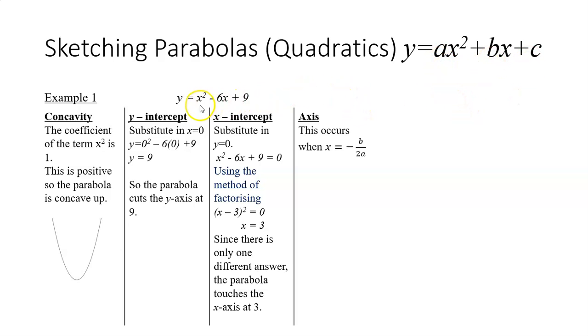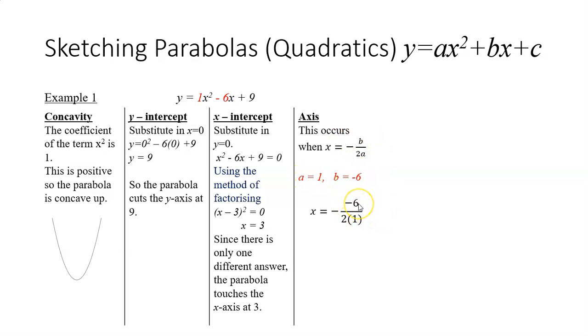So let's look over here. My a value, we said, was there's no number there. It's actually a 1. And my b value is negative 6. That negative belongs to that 6. So be careful with those. So just going through that, my a value is 1 and my b value is negative 6. Be careful with those negatives. So we substitute those a and b values into this rule.